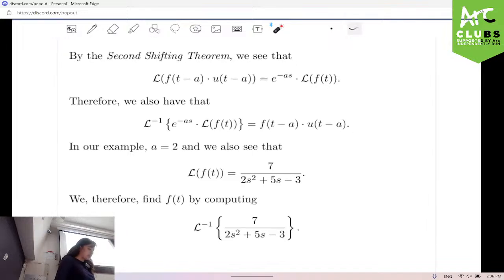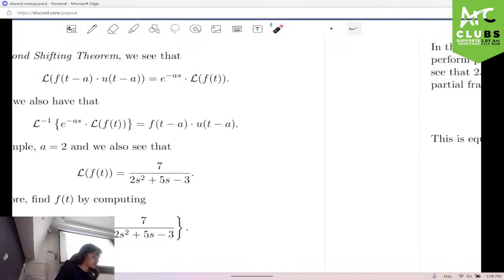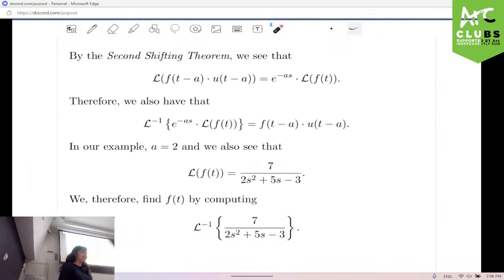So we know that a is 2, and we can also see that the function of t is this. So now we have to find the inverse of 7 over 2s squared plus 5s minus 3. Gosh, t's and 3's.